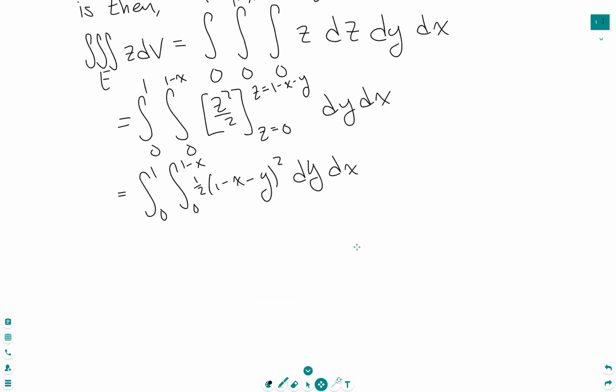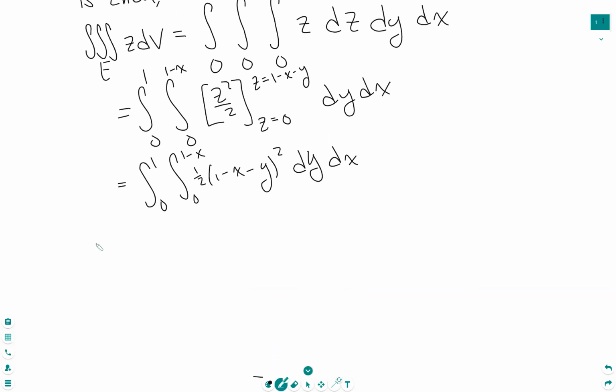So we can actually FOIL this out. The 1/2 can be pulled outside. It's just some constant. So pull out the 1/2, 0 to 1, and then 0 to 1 minus x. I could FOIL this all the way out, but because I know I'm integrating with respect to y, I'm going to pretend this is one term and this is the other term when I'm doing my FOILing.